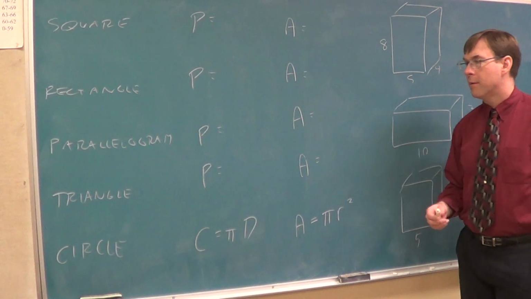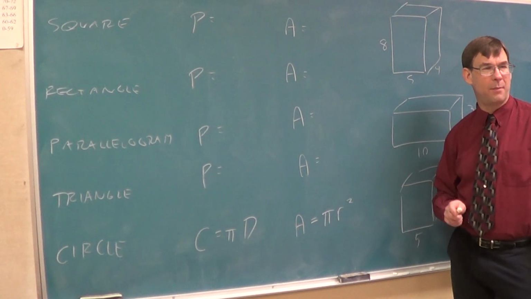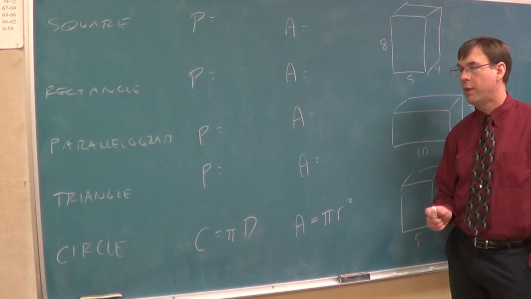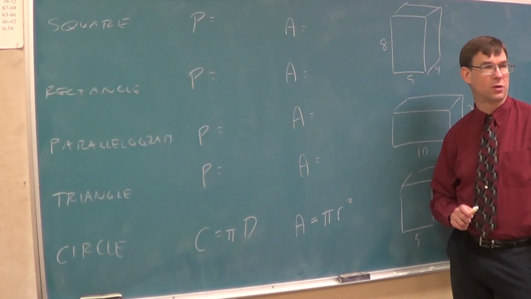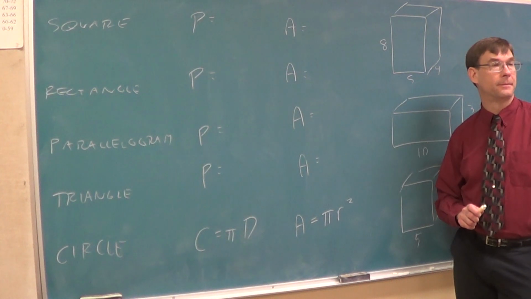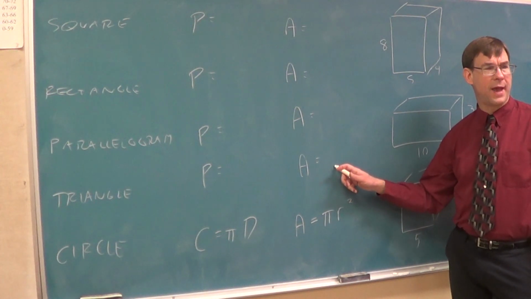Does anybody remember what was special about triangles? There was something about triangles that we only did for triangles, only for the one answer. Does anybody remember what we did special when we did triangle work with shapes before? It had to do with the area.